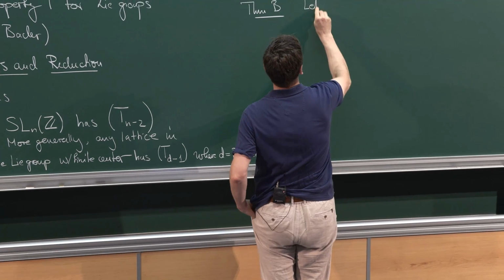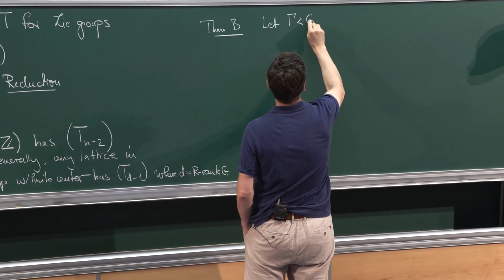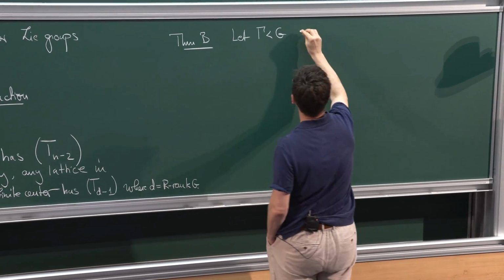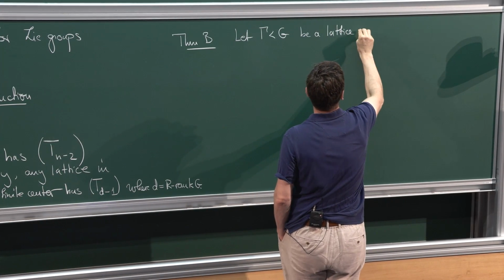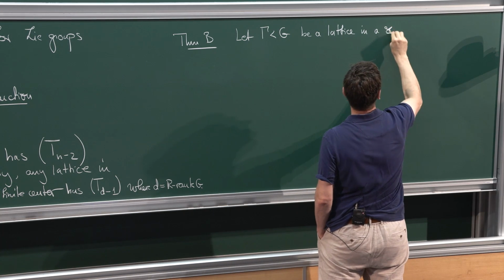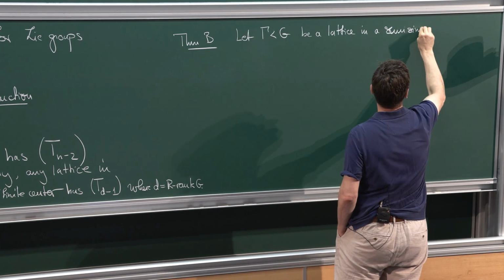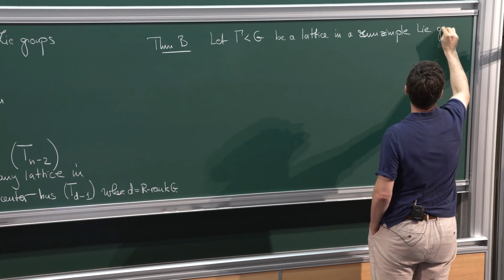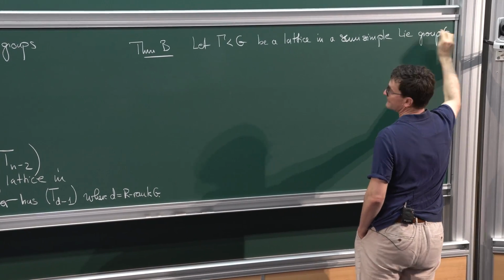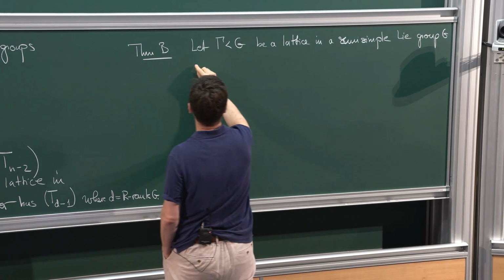So let gamma be a lattice in a semi-simple Lie group G, again with finite center and no compact factors.